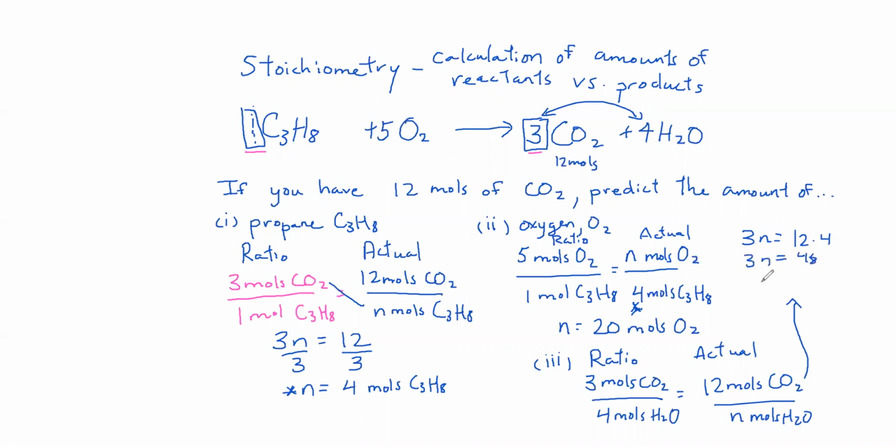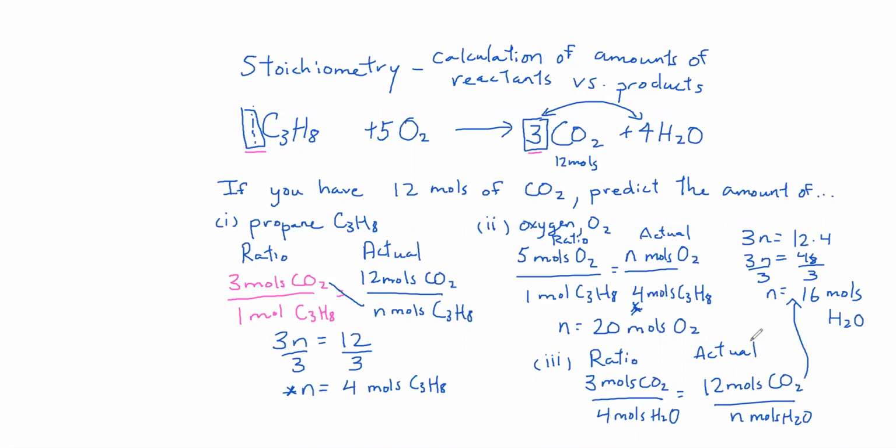And when I go to solve for n, dividing both sides by 3, I end up with n being, drum roll please, 16 moles. Of what? Well, you already fixed the problem by writing the units next to it, 16 moles of H2O.